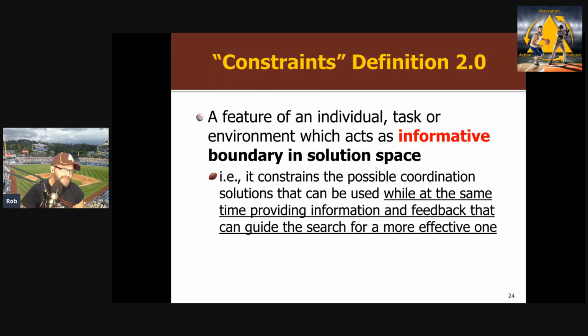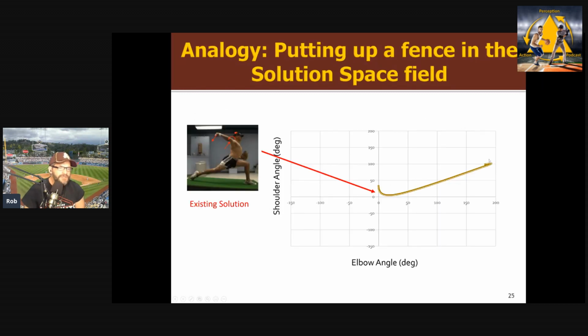So to put all this together and hopefully make this more concrete, let's look at a specific example, okay? So here we have someone pitching a baseball, and that's their existing solution, right? And their existing solution is going to be a trajectory, right? In most skills we're talking about, it's not just one single point of movement in time.